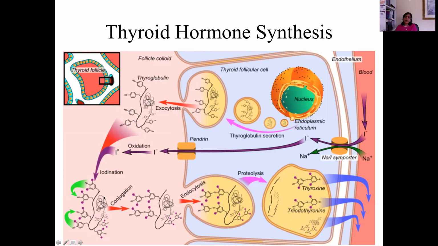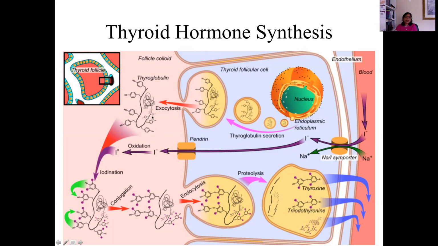Okay, so we learned two things. Iodide from the blood is transported into the colloid. Now we also learned that thyroglobulin that is made within the follicular cell is brought to the colloid. Okay, so this is our thyroglobulin.